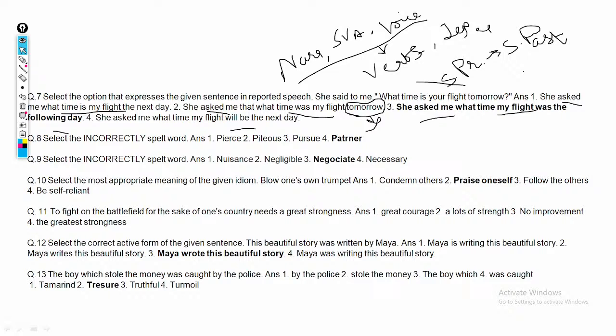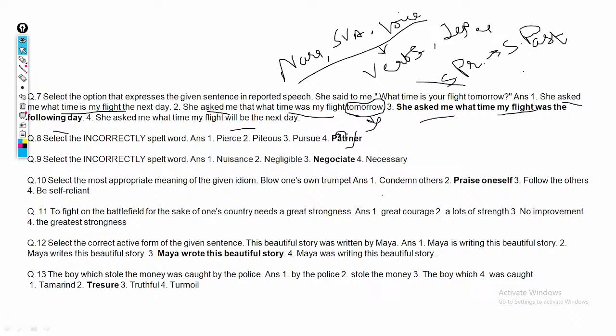Next is piteous. Piteous means something which is worth pitying. Pursue means when you carry on with something. And next is partner, and the spelling is wrong. So the correct answer is this because we don't have an R with it. If we have to write partner, we have an R, but the R has been swapped. It will be before T.